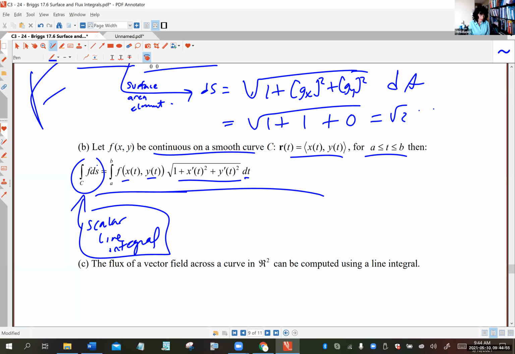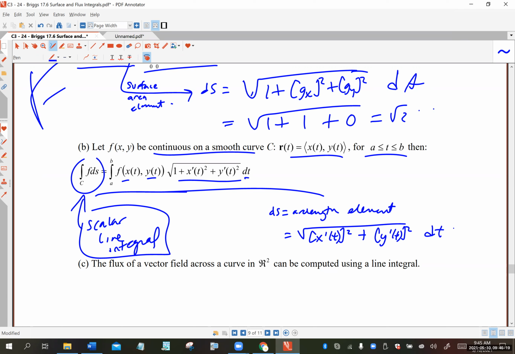True. Well, let's look at the arc length element. The arc length element, remember, involves the magnitude of speed.